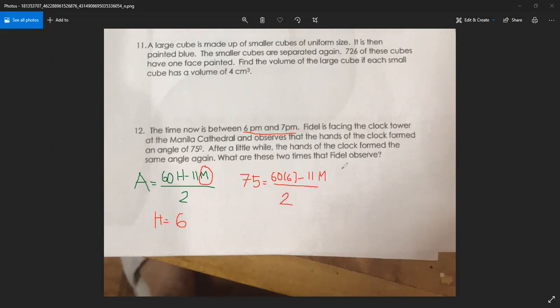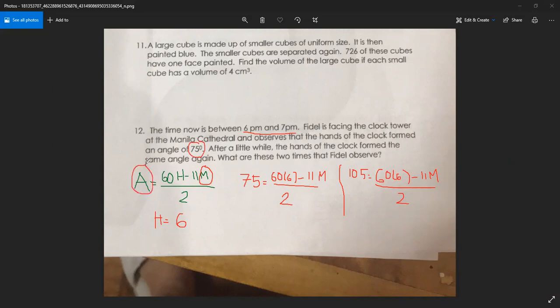And there will be two solutions here. The second is 105 equals 60 times 6 minus 11M. Starting with the 75, 75 is the angle here, and A stands for angle.